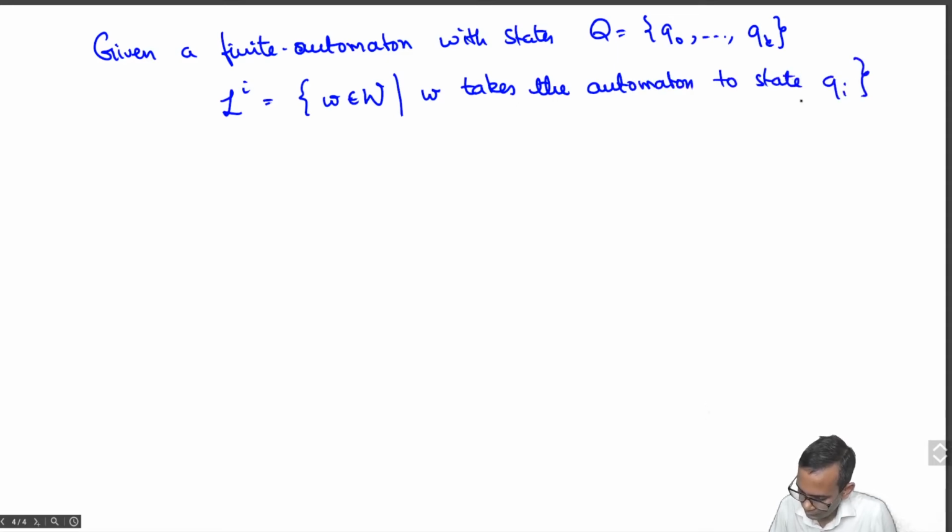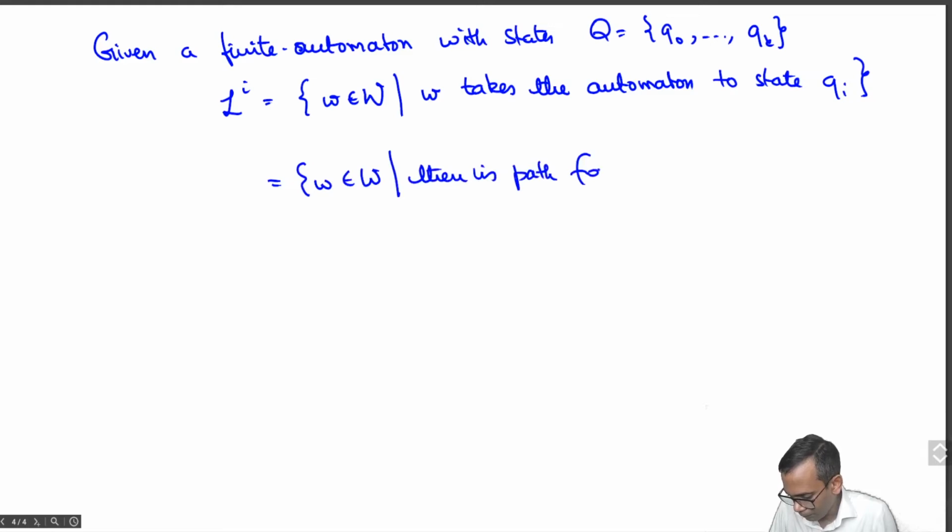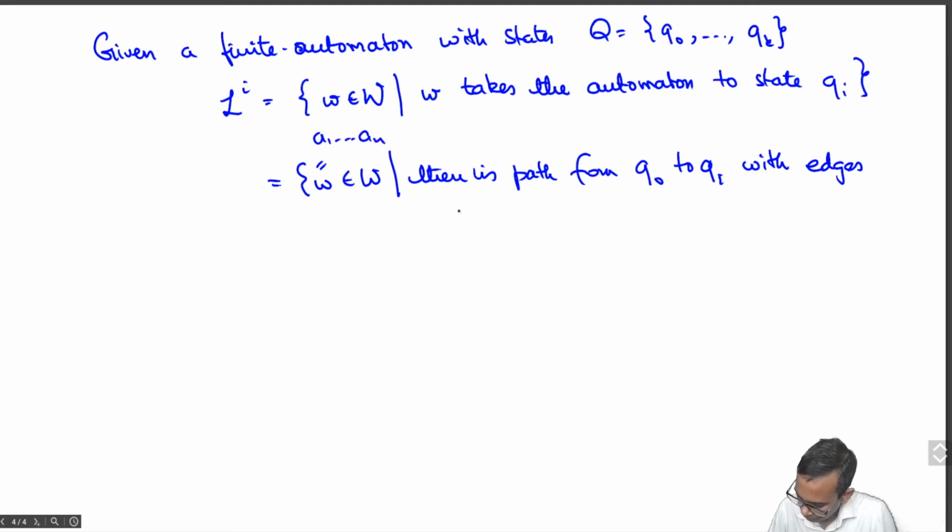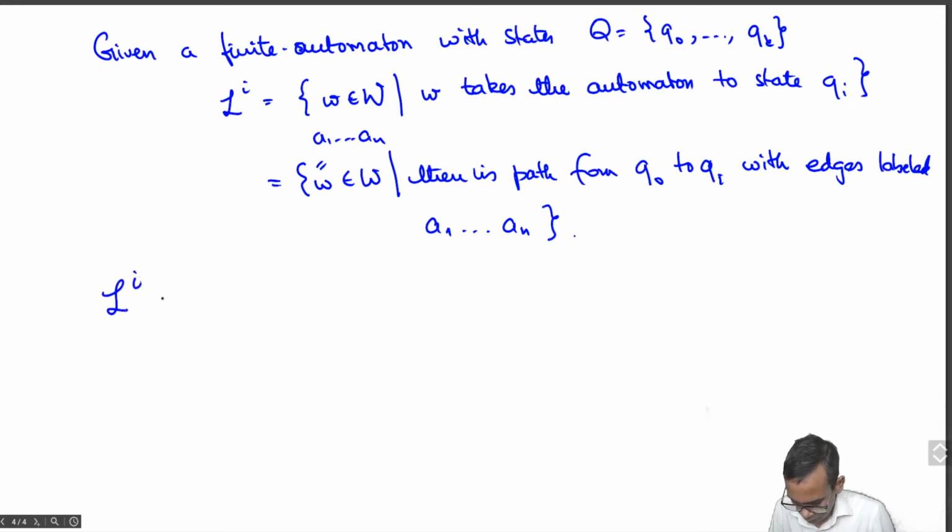In other words, just to be clear, this means that there is a path from Q0 to Qi with edges labeled by W, where we take W to be A1, A2, up to AN. Now this Li, how would you end up in state Qi?